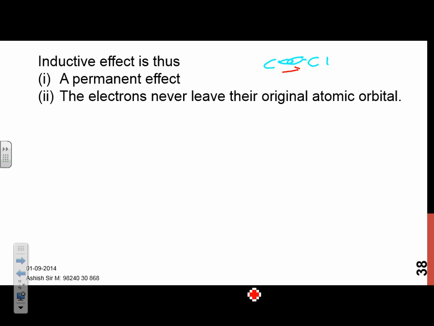This chlorine has pulled the electron pair towards itself. At that time, the electron pair which was shared between carbon and chlorine does not leave its orbital. It's just pulled towards chlorine.